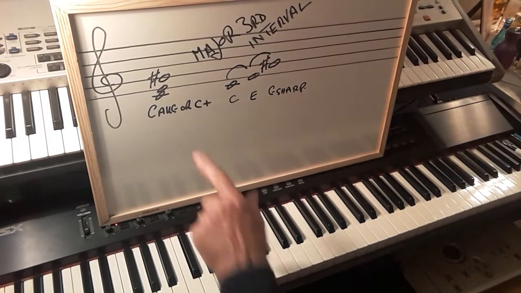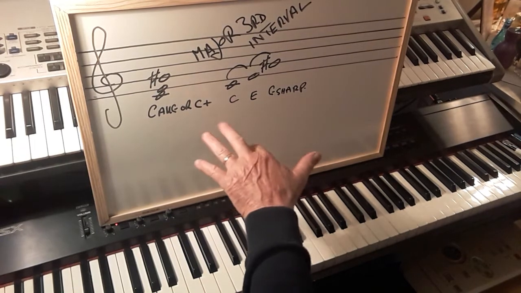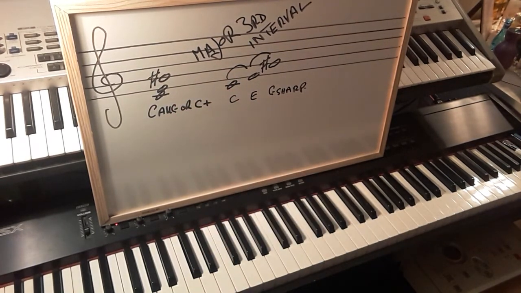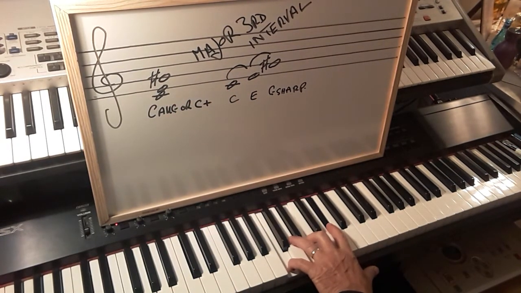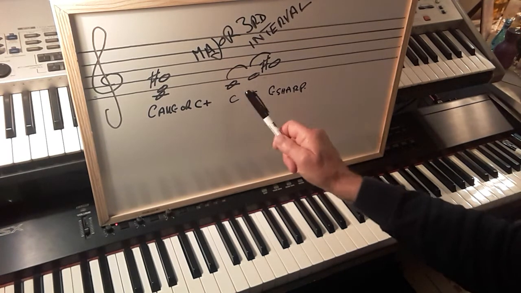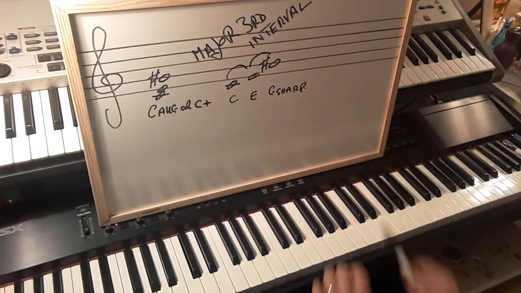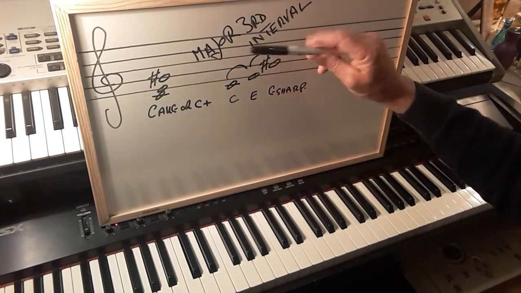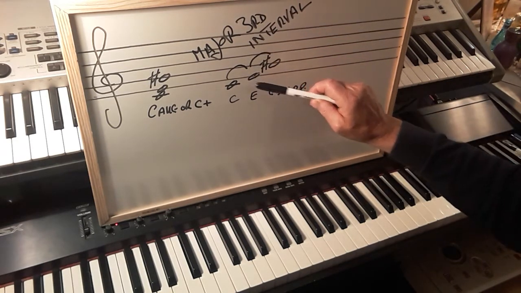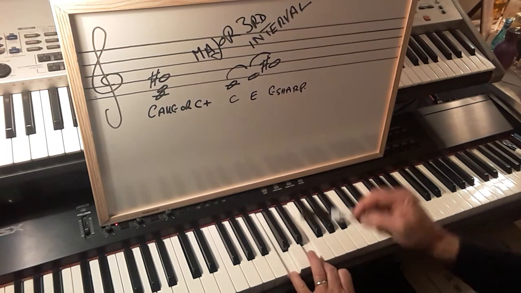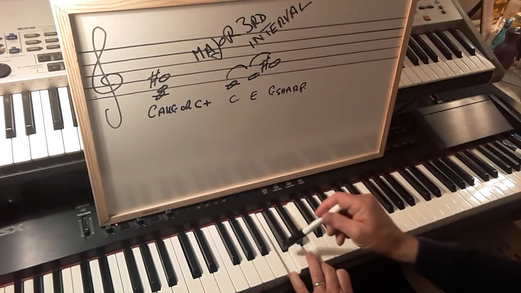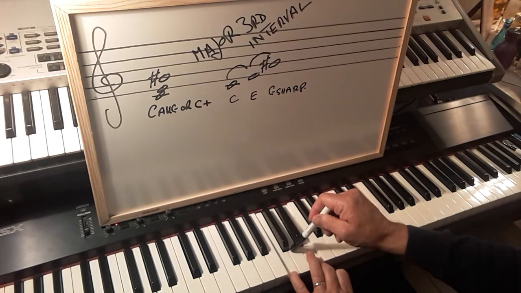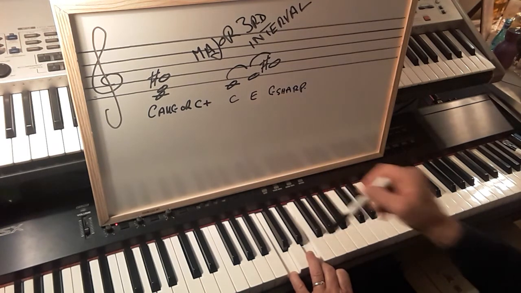Right, okay, C augmented, C plus, and this is from the whole tone scale. Now I've broken the chord up, they're stacked together like that. Now I've done the individual ones so that you can see the distance from C to E is two tones, okay? From there to there is a tone, from there to there is a tone.